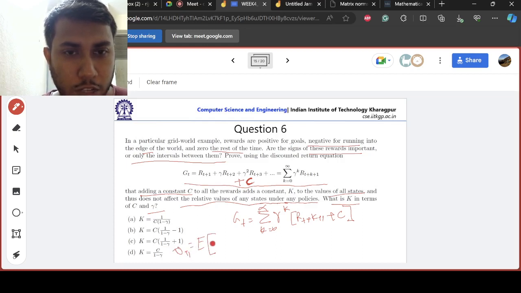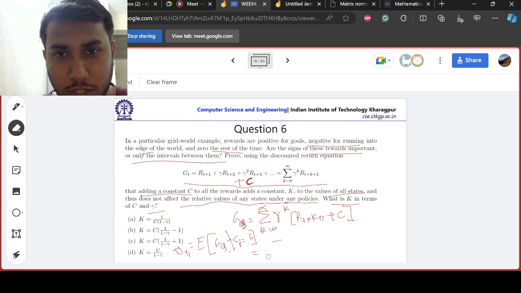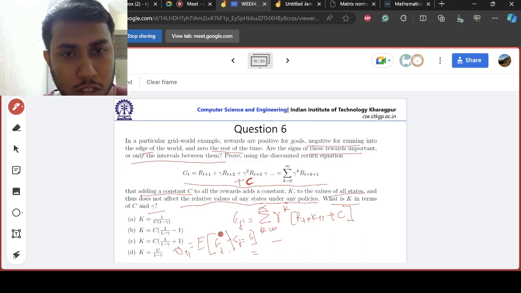V pi is equal to expectation of Gt given St equals s, which will be, so sorry, let's call this G t dash, g dash t.